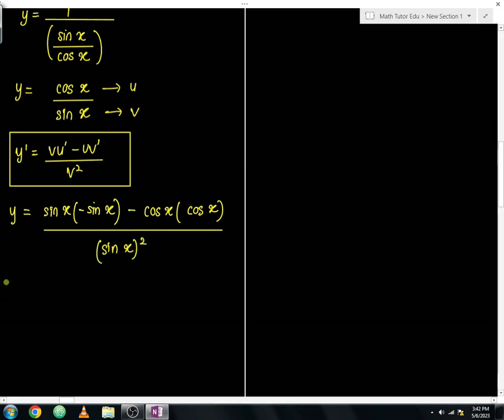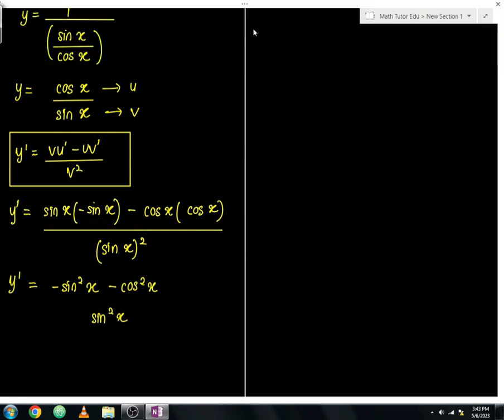So from here let us continue our working. y prime is equal to negative sine square x minus cos square x, and divide by sine square x.